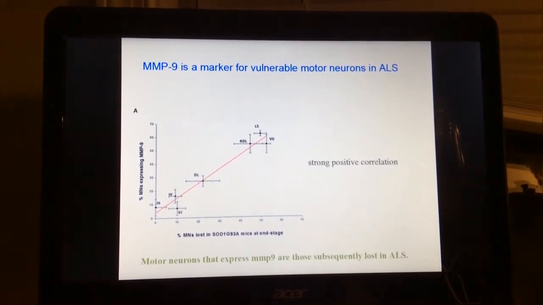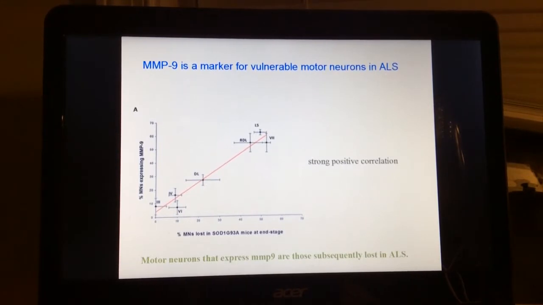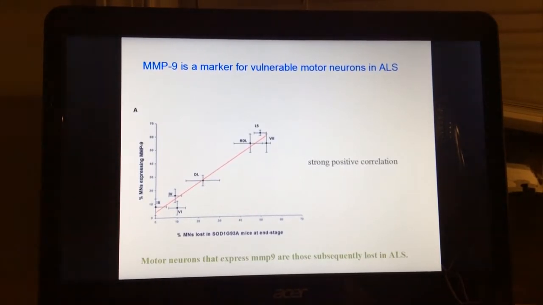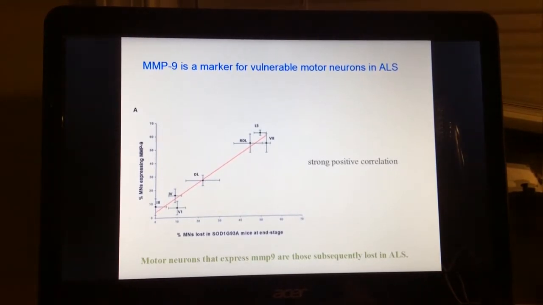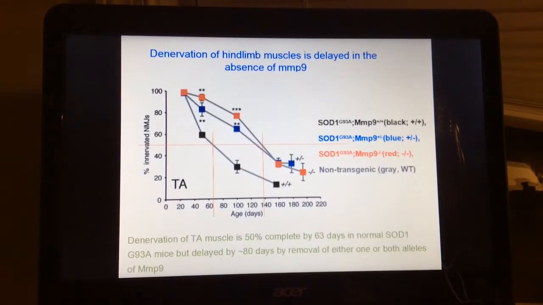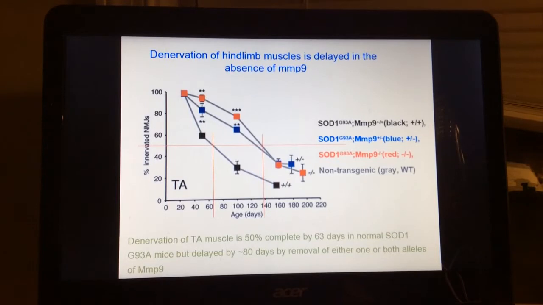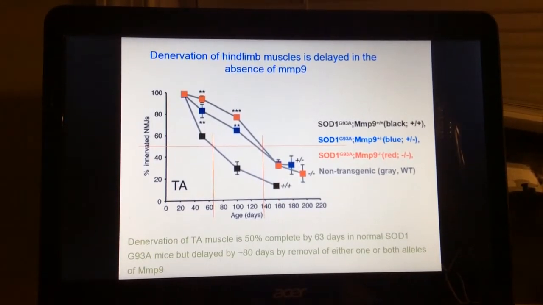The result shows a strong positive correlation, which suggests that motor neurons that express MMP9 are subsequently lost in ALS.